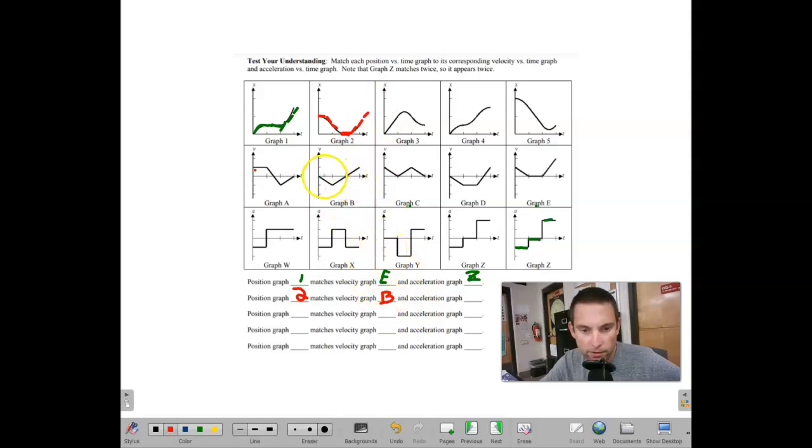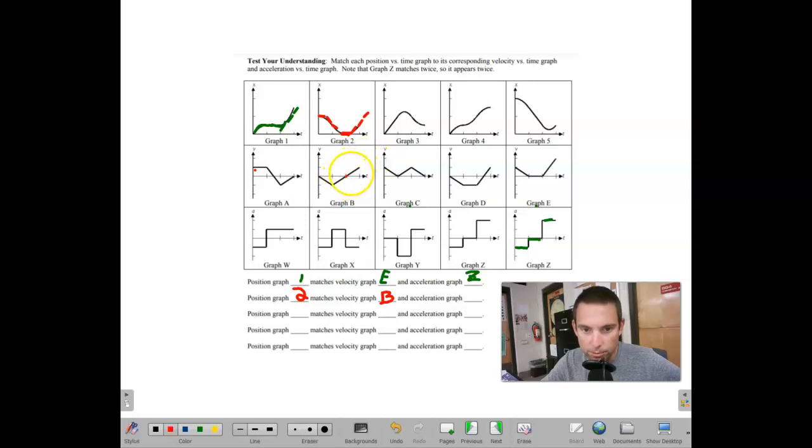Alright, so if our velocity slope is negative, we're getting further towards the negative velocities. That means we have a negative acceleration to begin with. Then our acceleration switches to positive because we're getting closer to 0, and then we're getting farther away from 0.